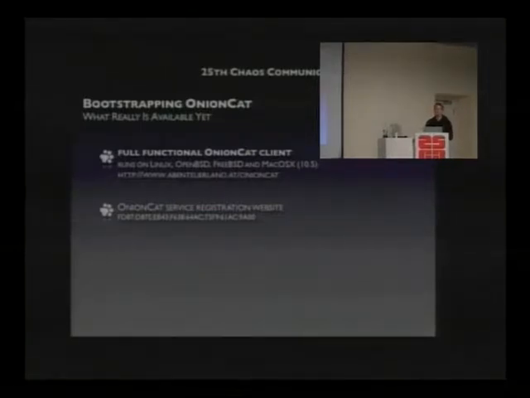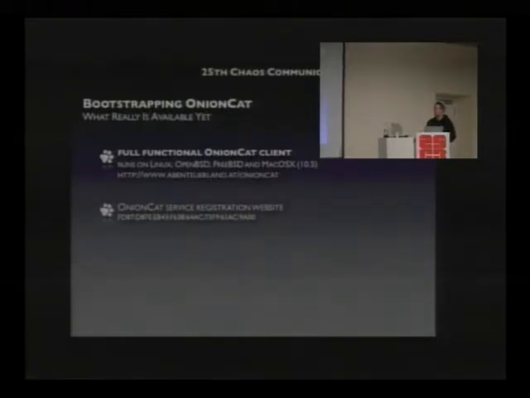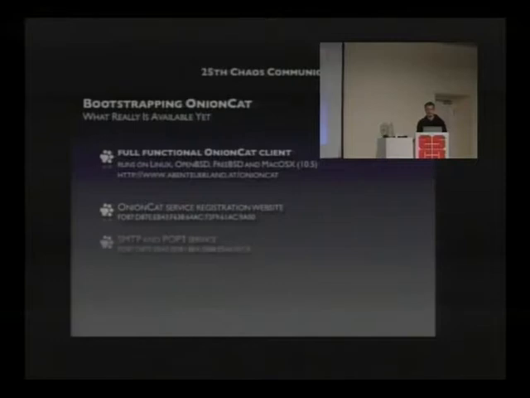There's no search engine, so this is a very easy, wiki-style way to find locations where you can get further information or services within OnionCat. A service we already have is an SMTP and MP3 service. We will provide an interface to register your own mailbox there. It's not implemented right now, but you can send us a mail to the mailing list, and we will try to give you access to the whole system.